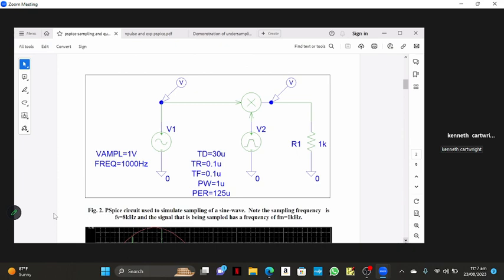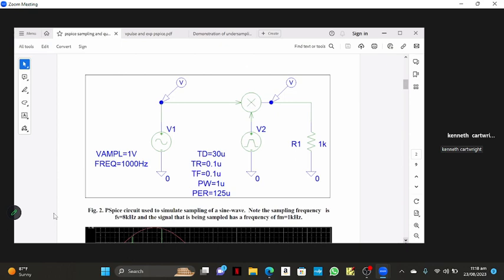A period of 125 microseconds corresponds to a frequency of 8,000 hertz. My amplitude is 1 for this pulse, for 1 microsecond, and it is 0 for 124 microseconds.